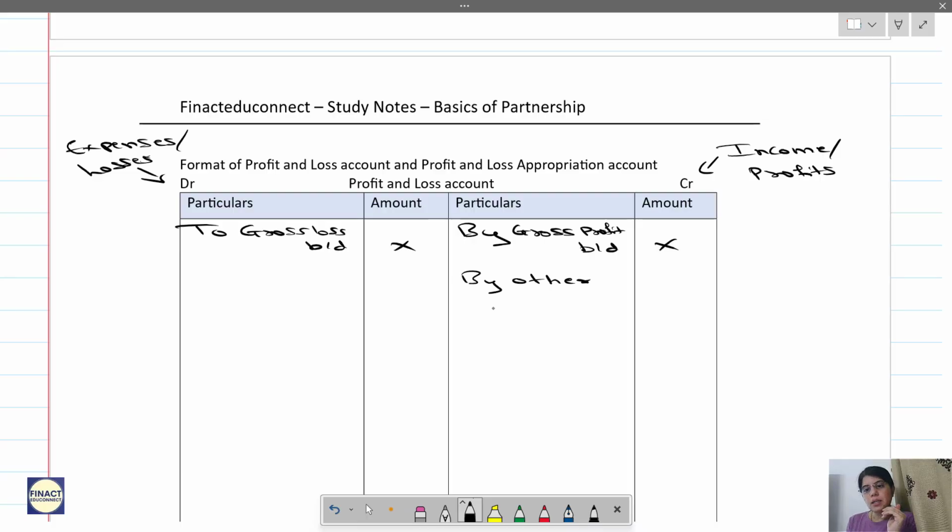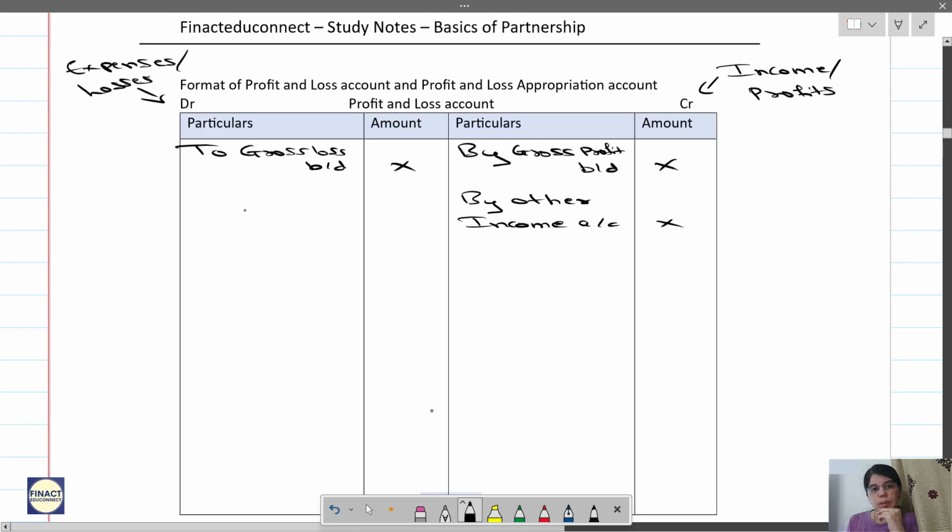If there is other income like interest on investment, profit on sale of asset, all that will come on the credit side of profit and loss account. Then expenses and provisions. All other expenses to outsiders. I am not listing down all the expenses over here. Example, bad debts, electricity.